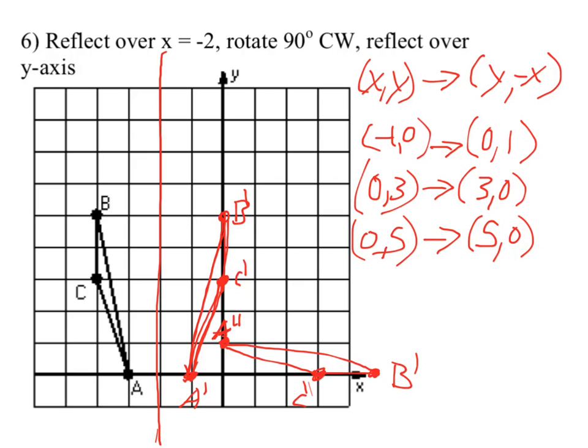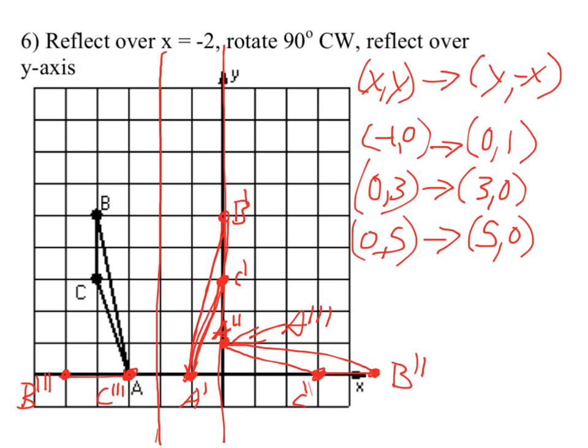And then we need to reflect over the y-axis, which is right here. So if you bounce everything over, you're going to get C triple prime there, A triple prime is going to be the same spot as A double prime, and then B triple prime is going to be over to the left of C triple prime.